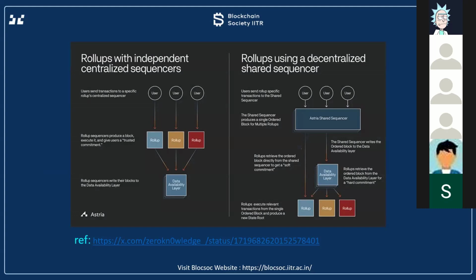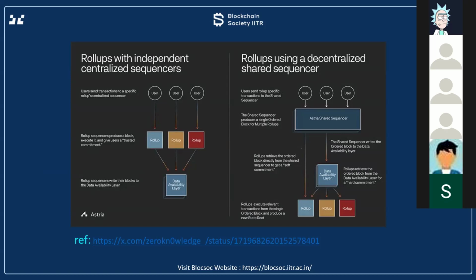And now in a decentralized shared sequencer, this is the Astria design of the shared sequencer: users post the transaction on the rollup's own mempool, but the shared sequencer will be the one selecting the transactions from all the mempools, and then it will post on every rollup. It can give a soft confirmation that this transaction I have included in this batch will be included, and it will be given to the data availability layer.